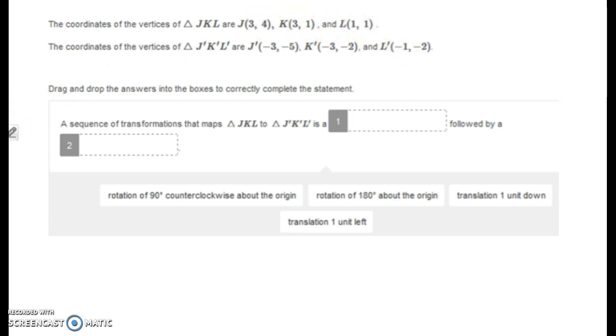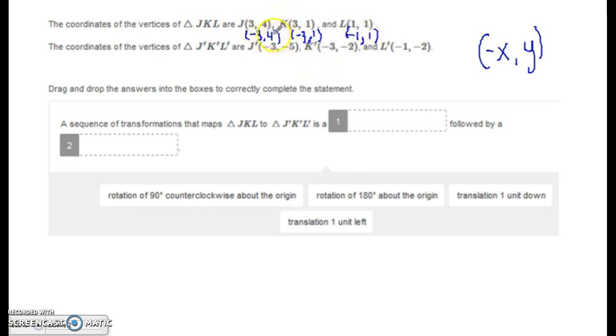If I'm changing the sign of x, there's a really good chance that I might be reflecting across the y-axis. So let's just guess and check that. If I reflected across the y-axis, this would become -3, 4. This would be a -3, 1. This would be a -1, 1.